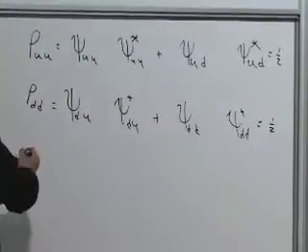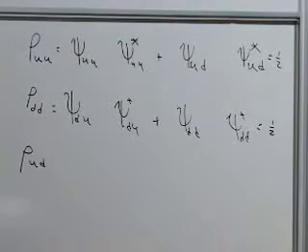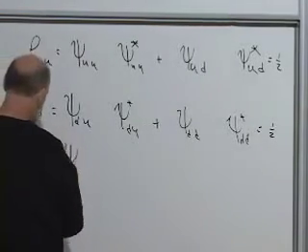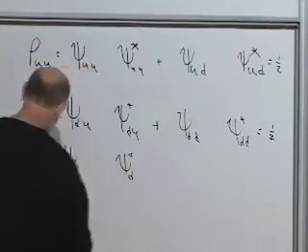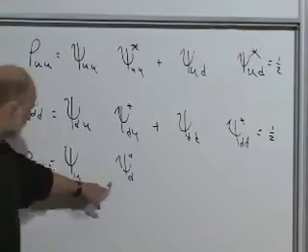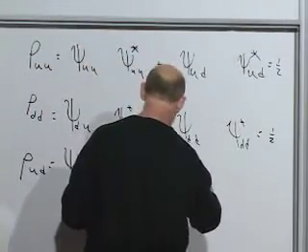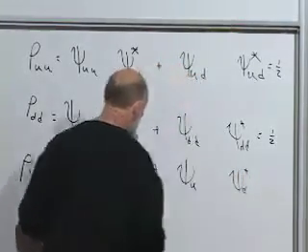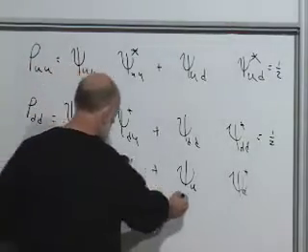What about rho up, down? The matrix element of the density matrix, the up-down matrix element. Do the same thing. Psi up, psi star down, up, down, plus, write it again, psi up, psi star down, but then fill in up, up, and down, down.